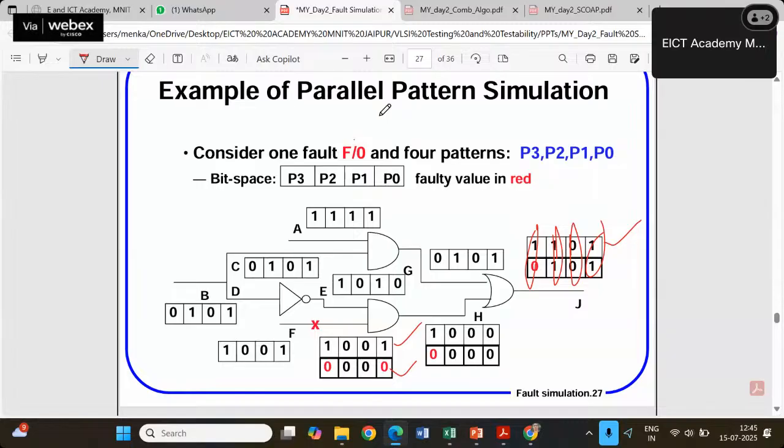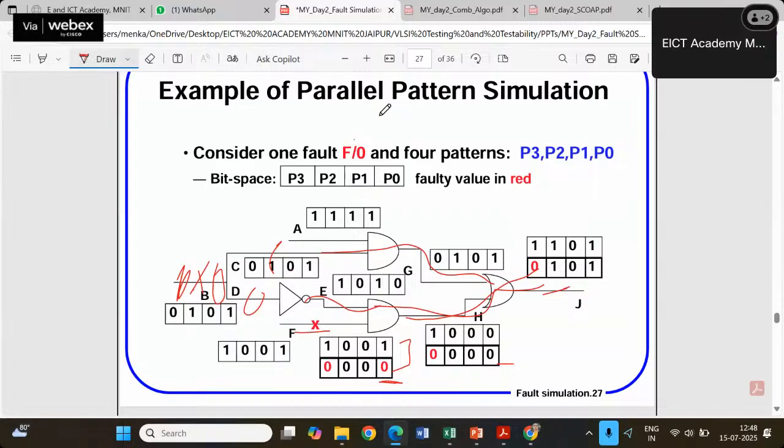Yeah. So the next one is critical path tracing. Critical path tracing is very important. Critical path tracing means you are going to trace a path which is critical to that particular logic circuit. So here, what is critical? The critical thing is the fault. Whatever fault you have, that is critical.